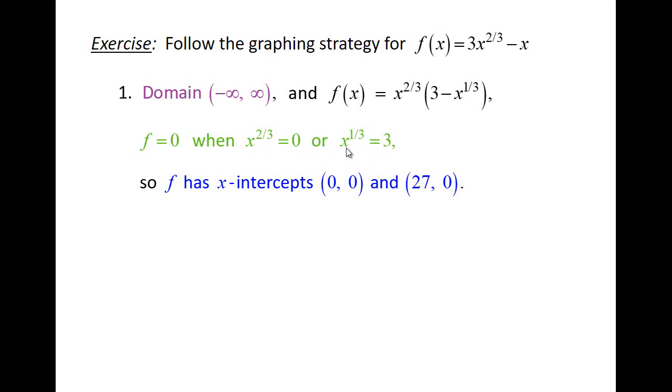Sorry, x is 27. So f has x-intercepts at the point 0, 0, and at the point 27, 0. So these are the x-intercepts.